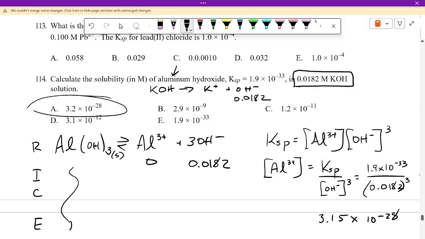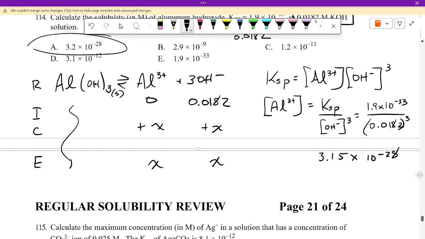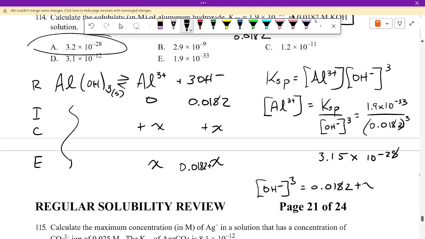So even if I were to do that, this would be 0.0182 plus x, and if I were to chuck that into my hydroxide cubed, do you see how that becomes really nasty?